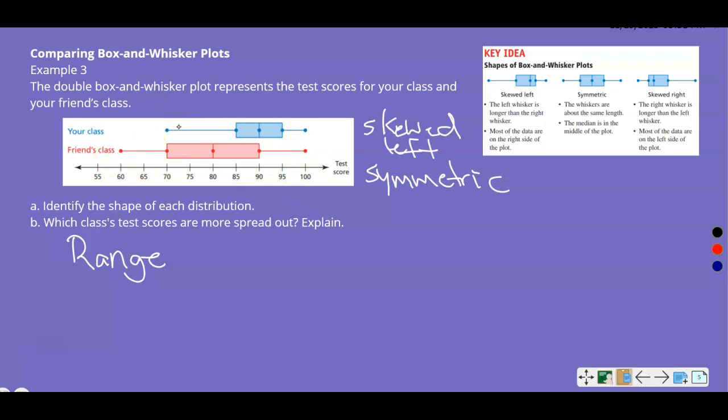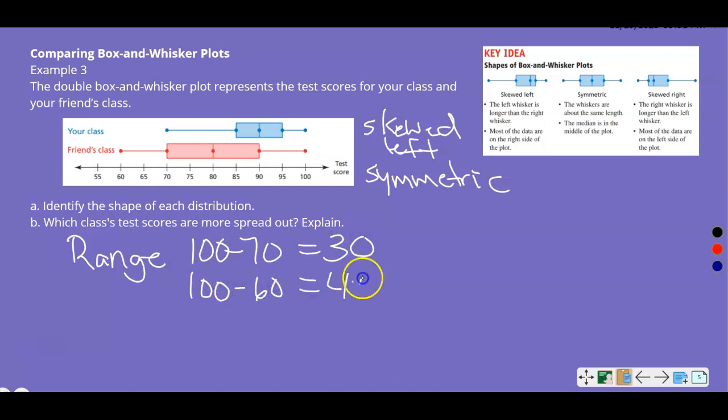For your class, it's 100 to 70, so there's a range of 30. And for your friend's class, it's a range of 40. So the range would tell you that your friend's class is more spread out.